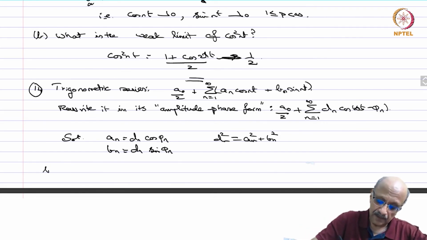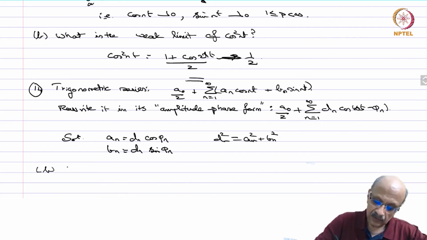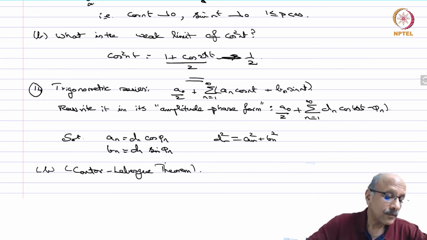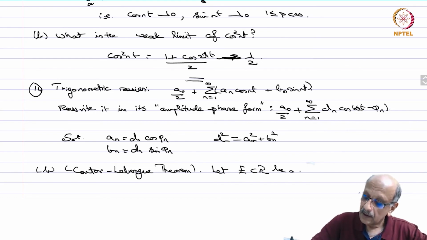Okay, so this is called the Cantor-Lebesgue theorem. Let E contained in R be a set of positive Lebesgue measure.